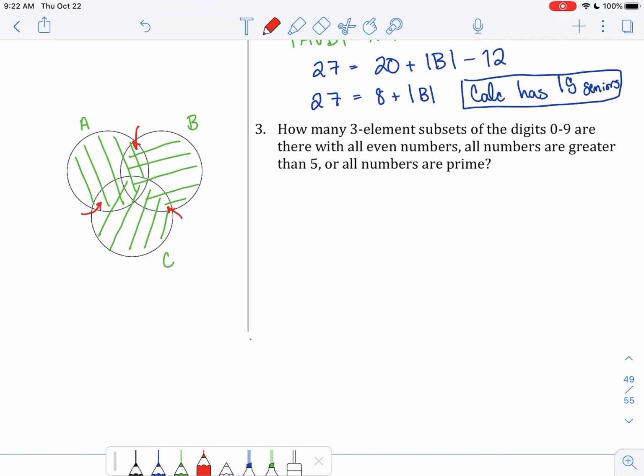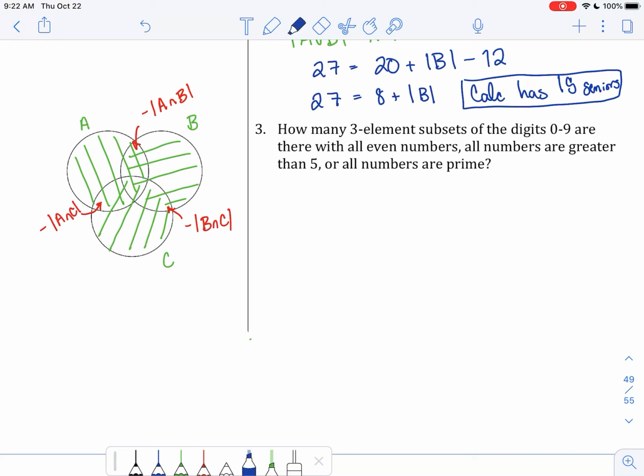So we want to subtract those away. So we'll minus the intersection of B and C, minus the intersection of A and B, and minus the intersection of A and C.